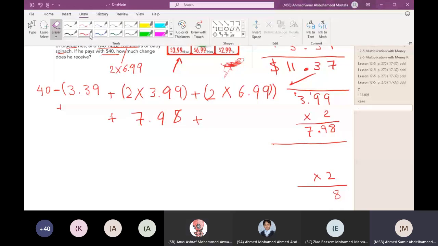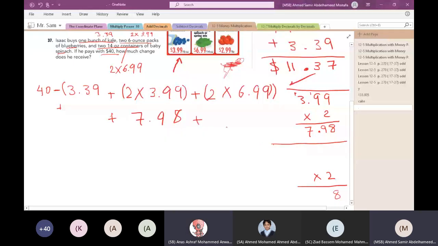All right, so let's see here. It's 2 times 6.99. You erased the one. I erased it and wrote it again. Okay, it's 8 and 1 up.